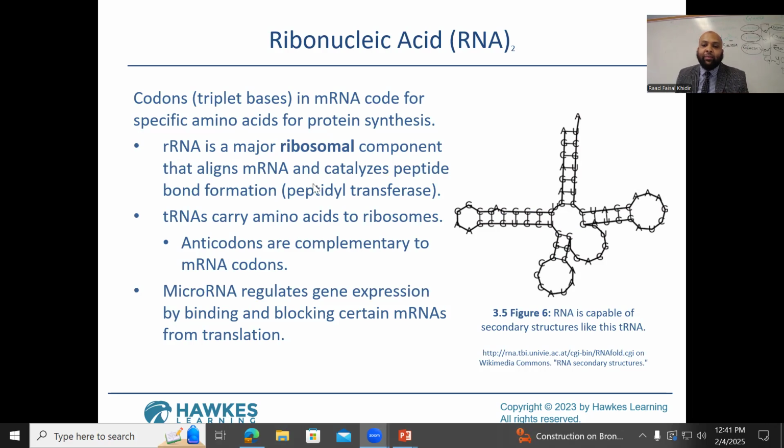It aligns the mRNA and catalyzes peptide bond formation through the peptidyltransferase. tRNAs carry amino acids to the ribosomes. You have anticodons complementary to the mRNA codons, and microRNA regulates the genetic expression by binding and blocking certain mRNAs from translation.